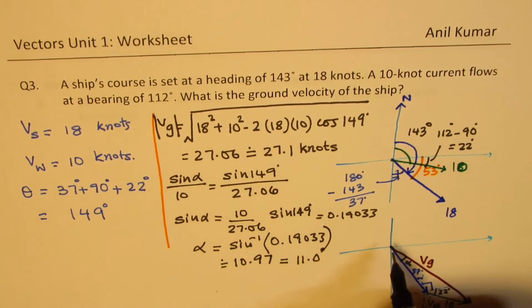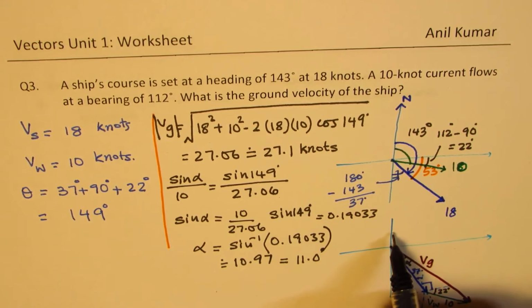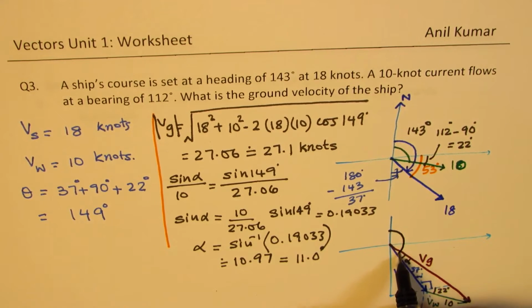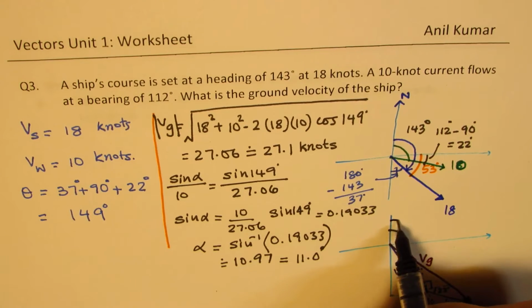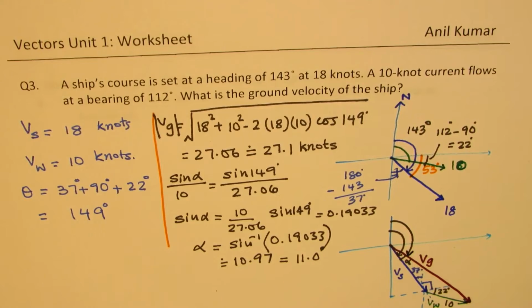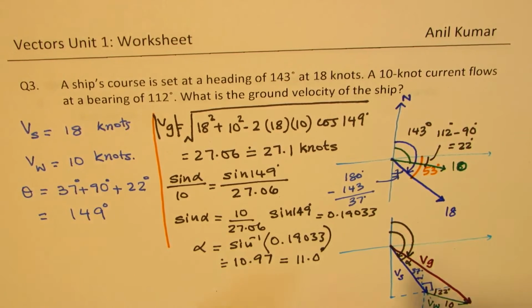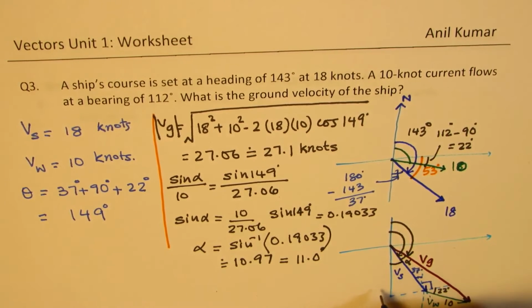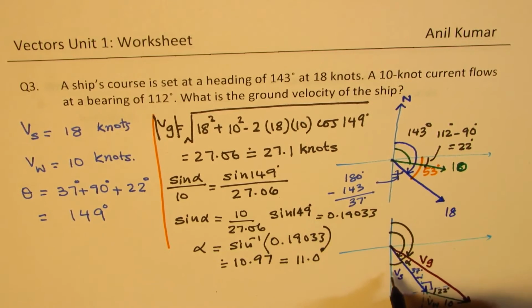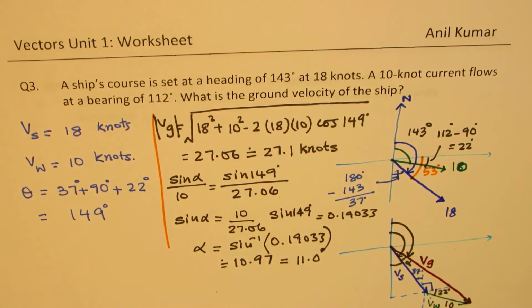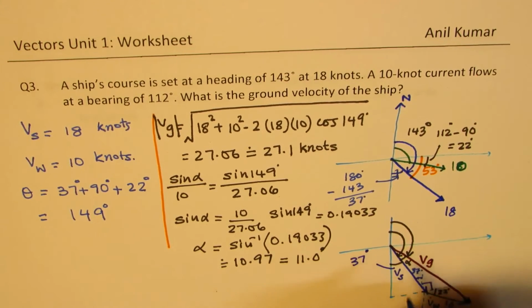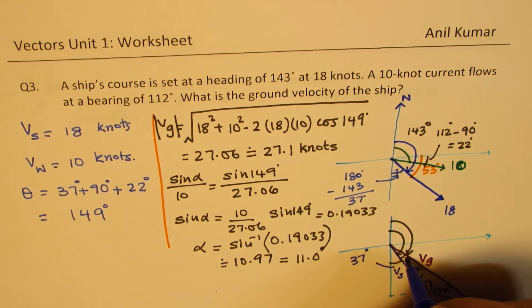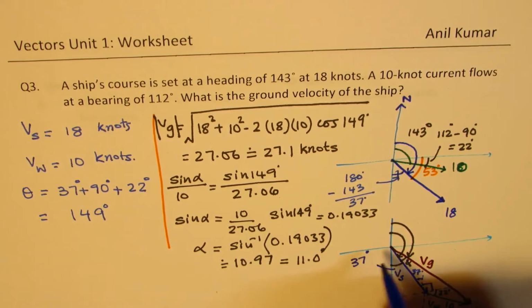And we also note that we have to find the total angle. When we have to report this, we need to write down the bearing angle. Is that okay? So that is a bearing angle which we want to write for the resultant. So we know that this particular angle here is 37 degrees. Let's work this out. And that small angle here is 11 degrees.